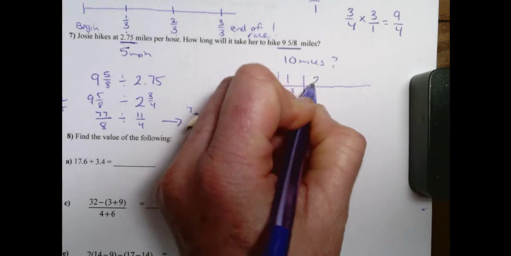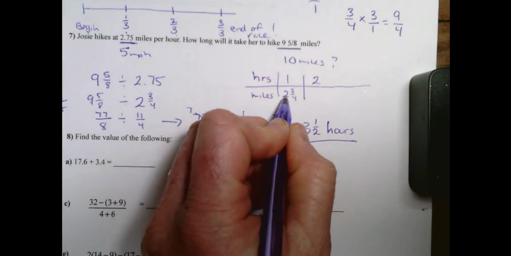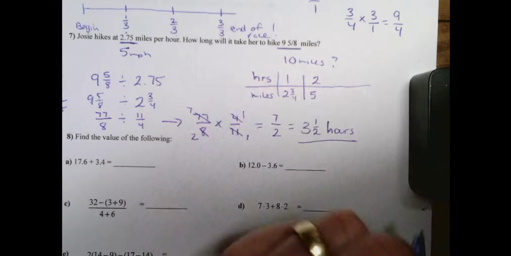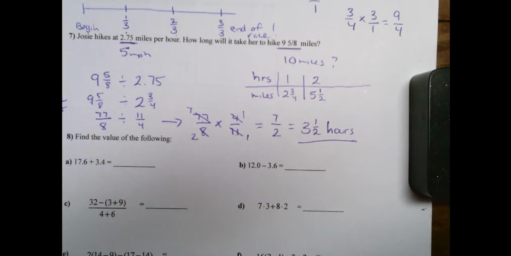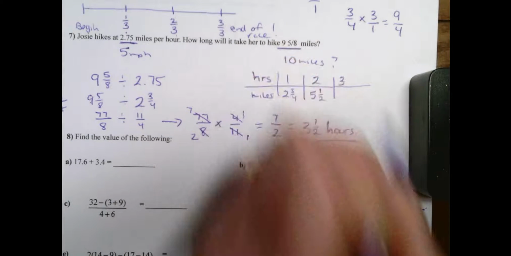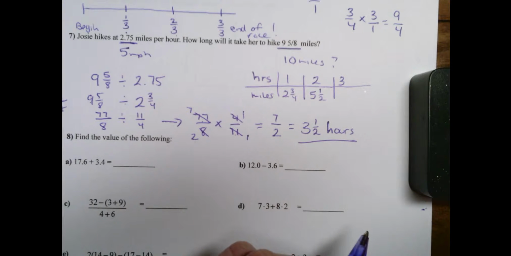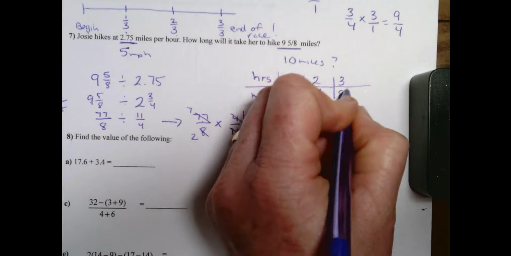After 2 hours, we have to double that. So that would be 5.5. Okay. After 3 hours, we need to add another 2 3/4. So that would be 8 1/4.